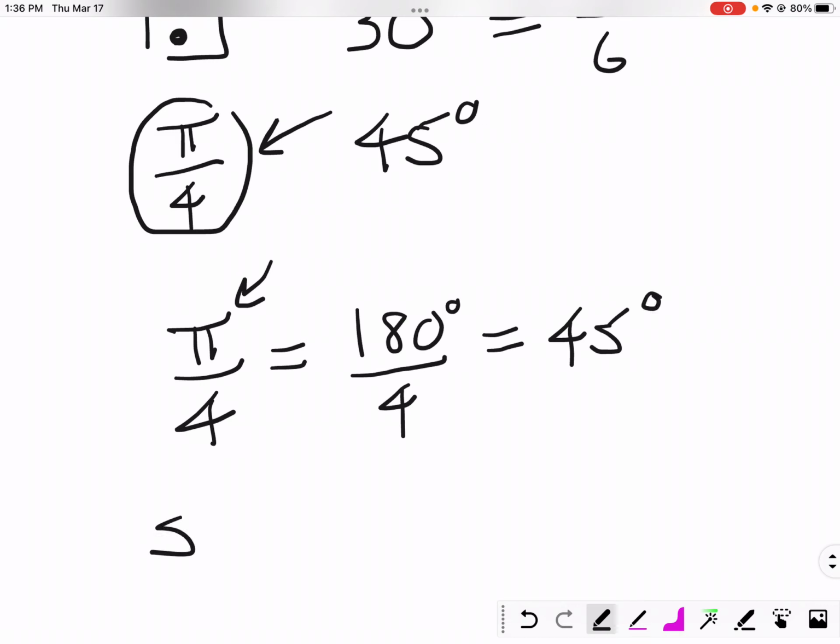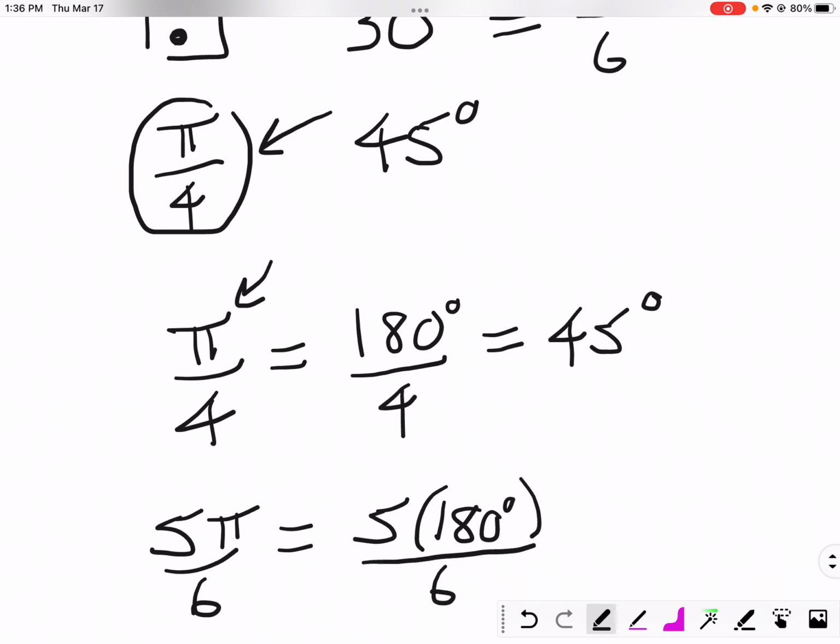In the same way, let's go to 5 pi over 6 radians. Let's change just the pi radians to 180 degrees. And when we multiply this, we will get 150.